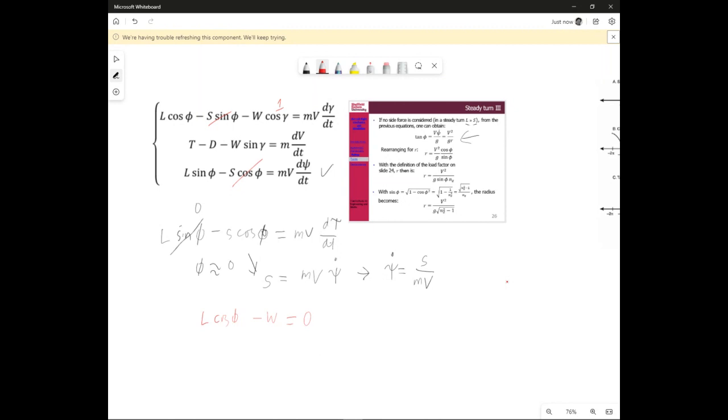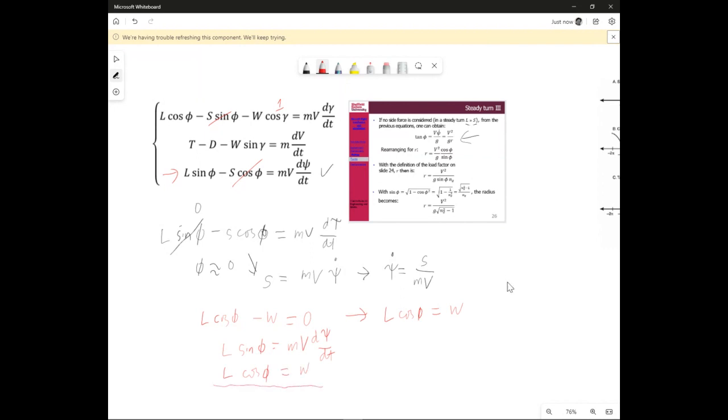Then if you look at the third equation there, we know that there's no component in there as it equals 0, then you have L sine phi equals MV d psi dt, right? So from the other equation, you have L cos gamma. I could just rewrite that and move that W to the other side. Now, if I put this underneath here, L cos gamma equals W, right?